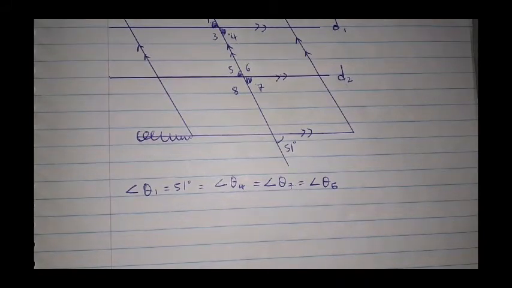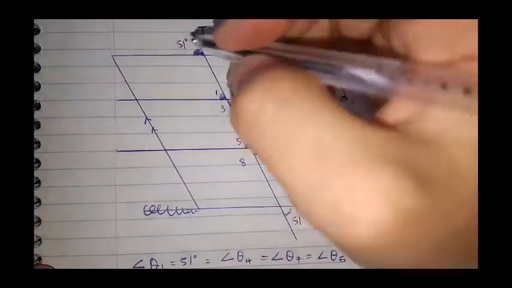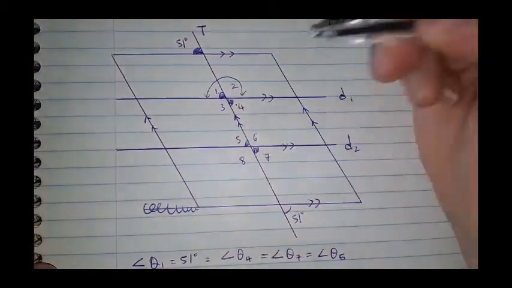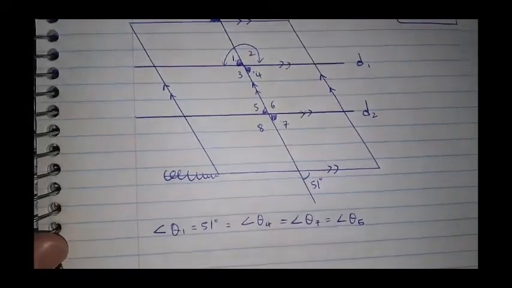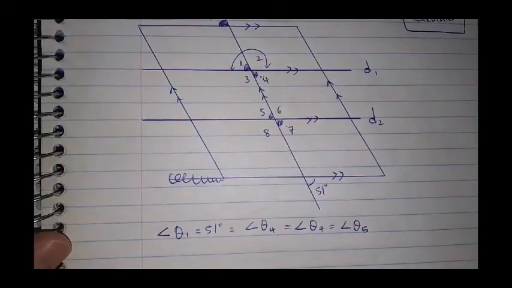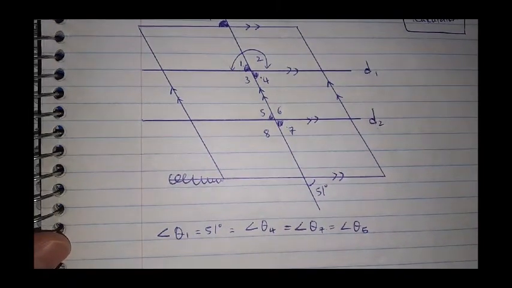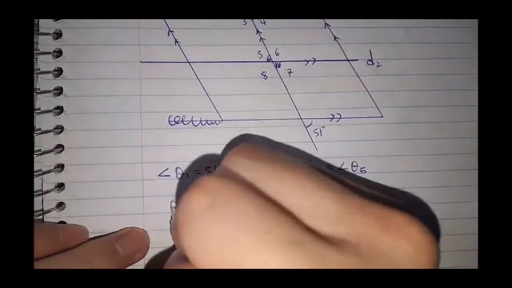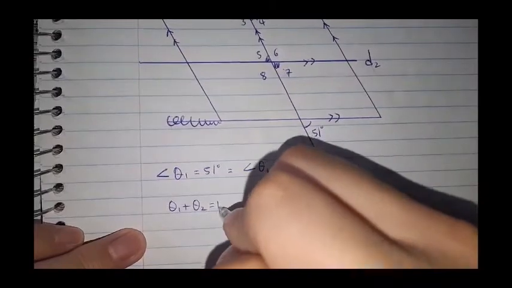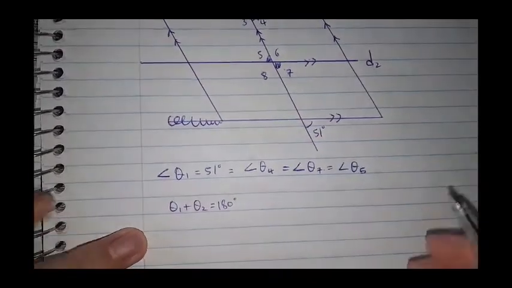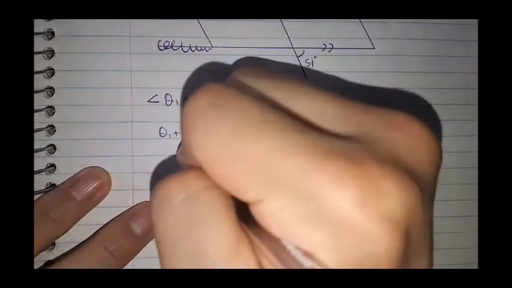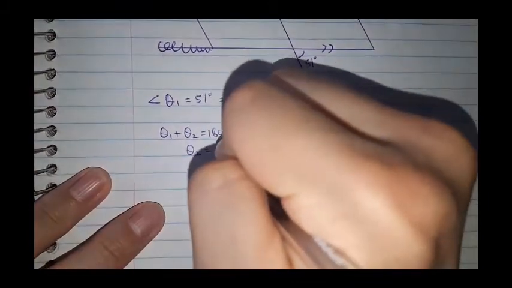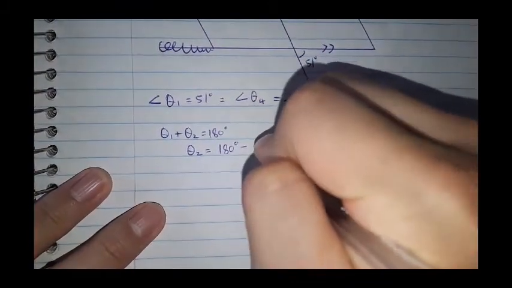Now, how can I know the other angles? Well, look at this relationship. Angle 1 and angle 2 lie on a straight horizontal line. That means those two should add up to 180 degrees. So theta 1 plus theta 2 is 180 degrees, which means theta 2 is 180 minus 51.